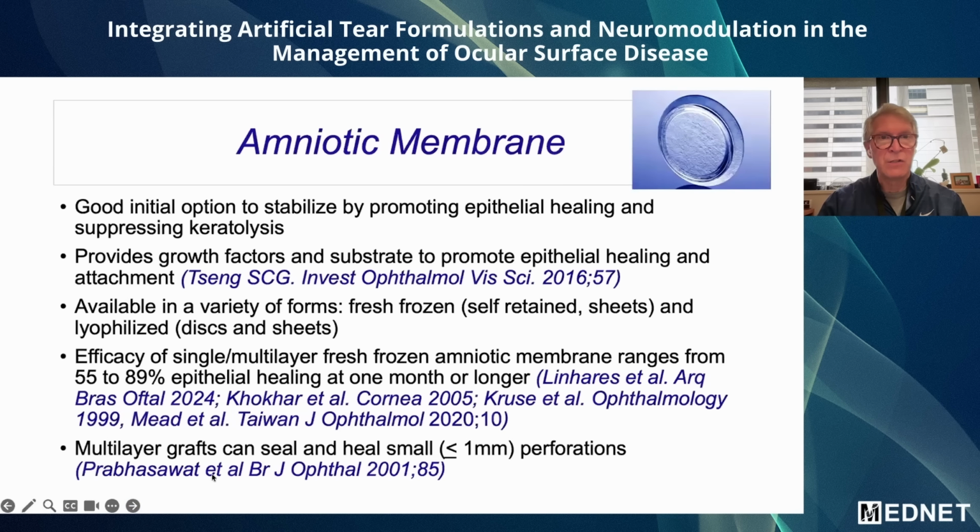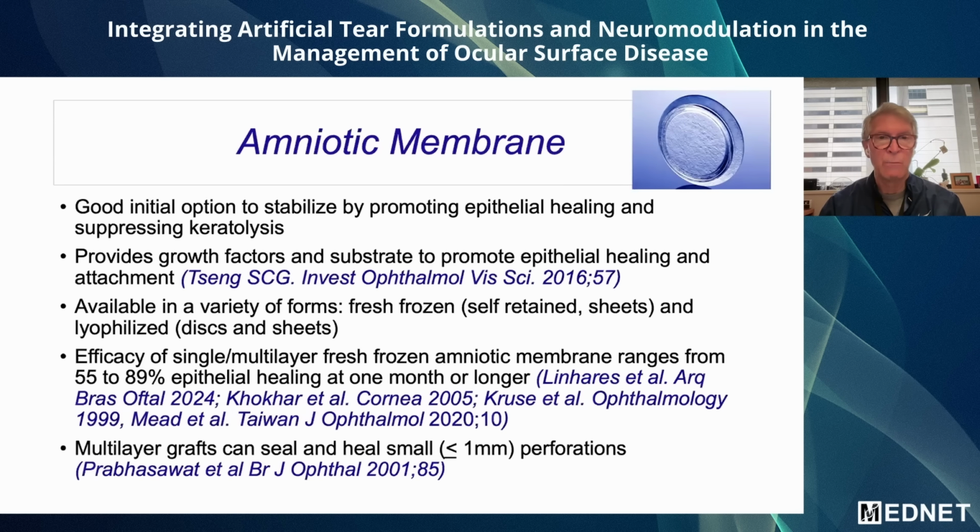Amniotic membrane, as I mentioned, is a good option to stabilize the neurotrophic keratitis, promote epithelial healing, and suppress keratolysis. The amniotic membrane provides growth factors and substrates as it dissolves, and there's a wide variety of forms available, including fresh, frozen, and self-retained preparations or sheets, and then lyophilized discs and sheets.